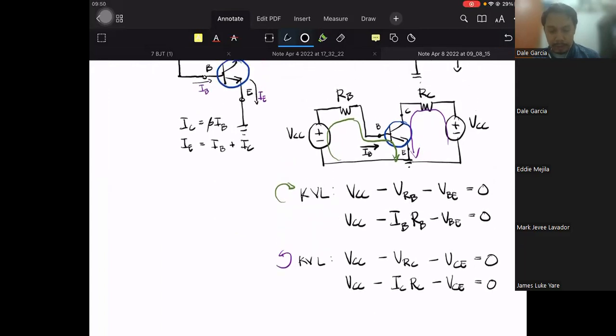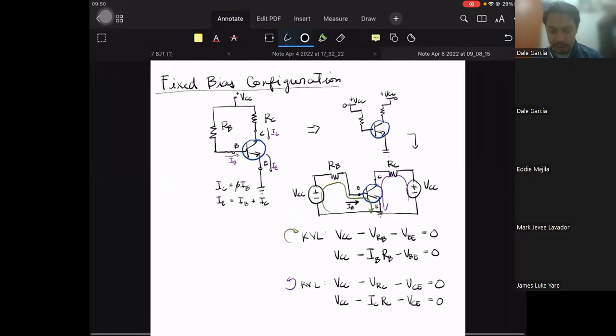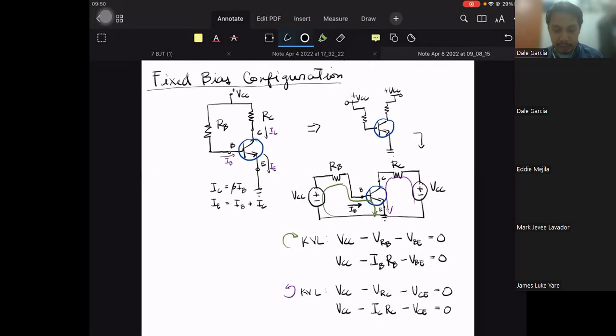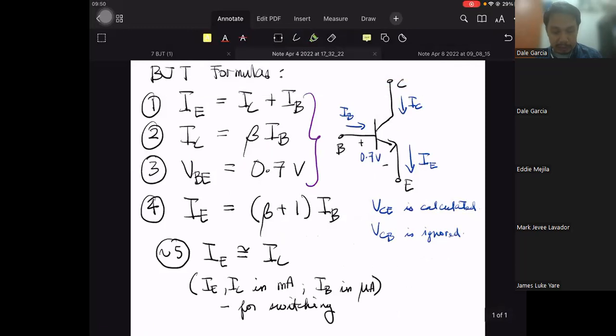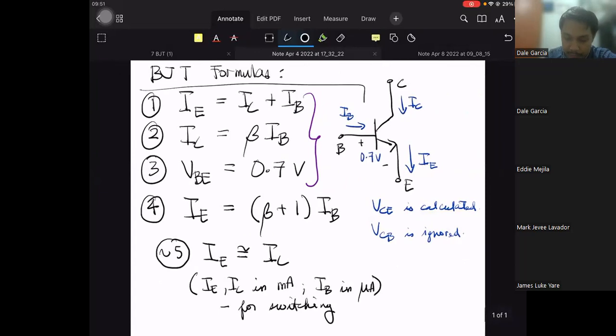For the emitter bias, lahi na pod nga KVL equations. But no matter what configurations we have at hand, at least these 4 formulas are common to all. So maski fixed bias pa na siya or voltage divider bias, kaning upat, magamit yun eh. Okay.